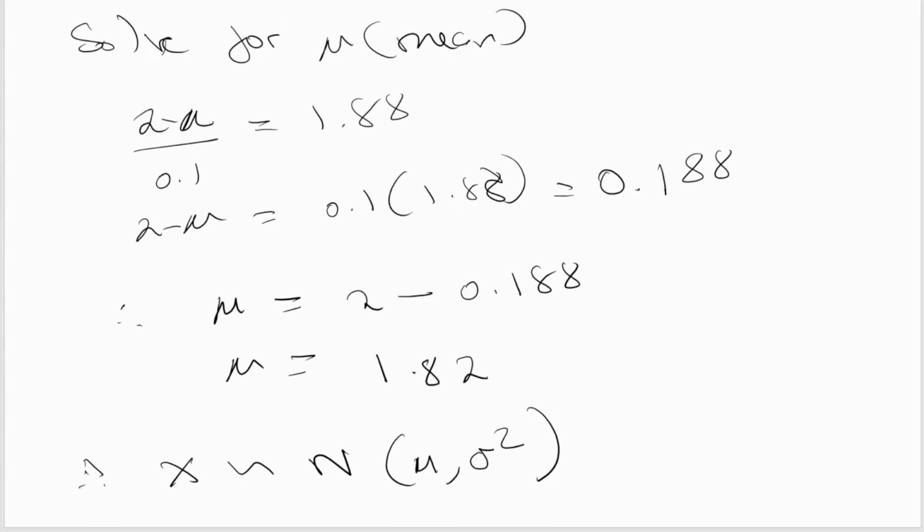We're given sigma squared already, which is 0.1 squared, and we just calculated our mean, mu, which is equal to 1.812.